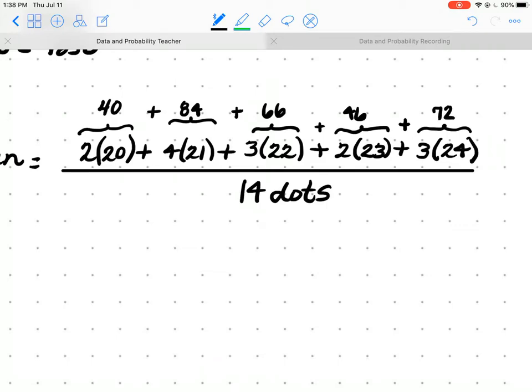Let me just check my numbers. I did this before. Yes. And then we're dividing all of that by the 14 dots.